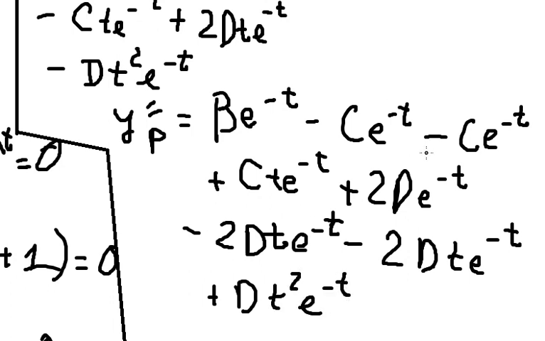So negative c, you get number 2. So we have negative 2dt, you get negative number 4.